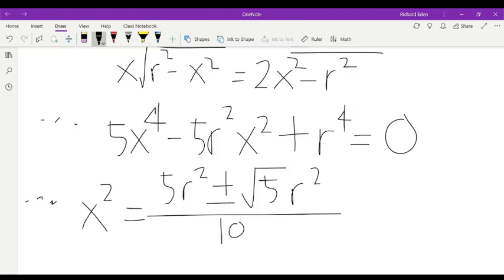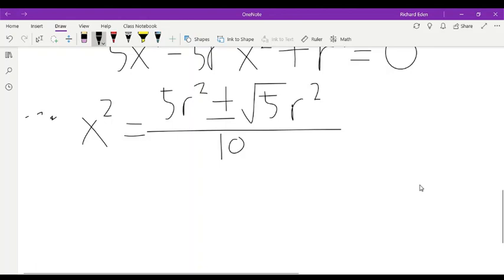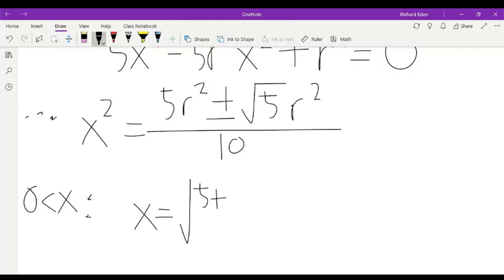So two possible values for x squared. In the end, we have to find the value of x, but because x is positive, when you take the square root of the whole thing, you only take the principal square root of 5 plus or minus the square root of 5 over 10. And then I factor out r squared; after you take the square root, you could just take it out as r.